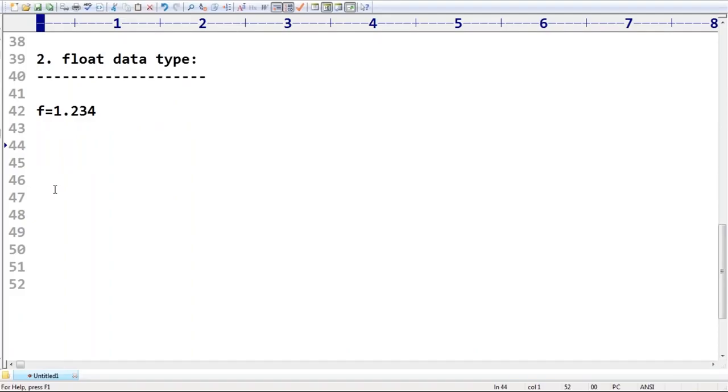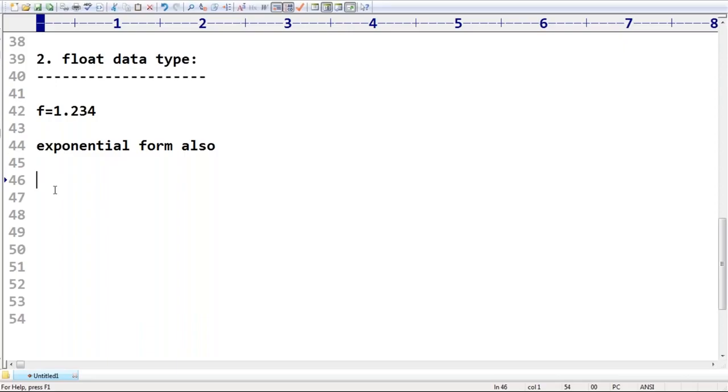Okay. Now, what is the next point I have to discuss? Observe very carefully, sir. What should you be aware of? Sir, we can specify float values even in exponential form also.